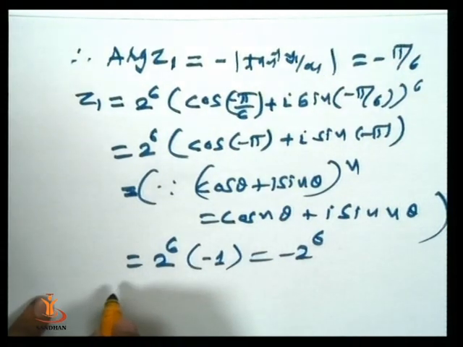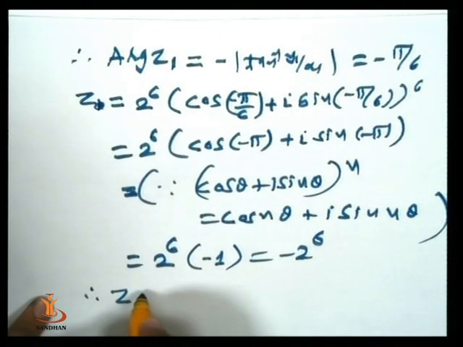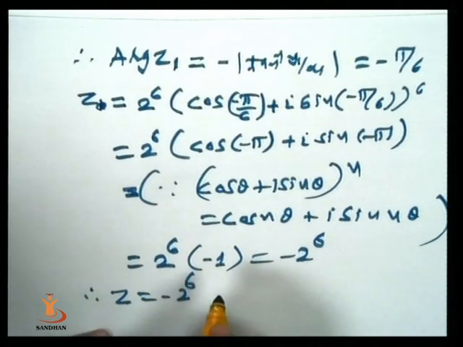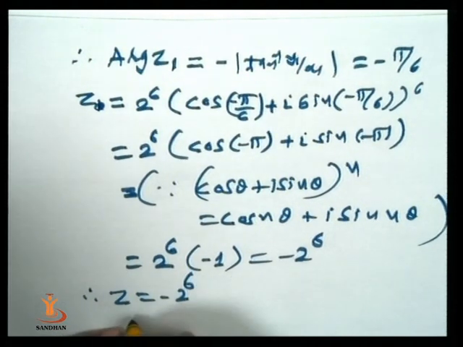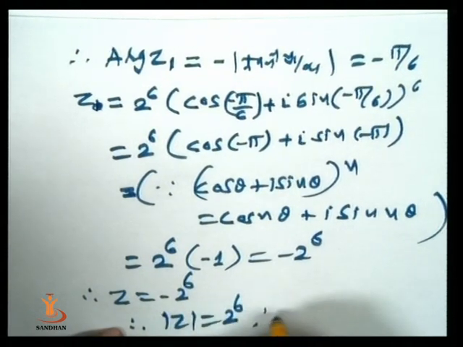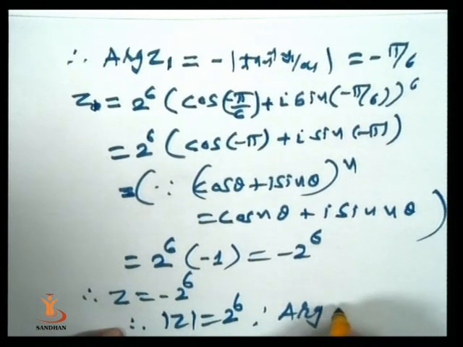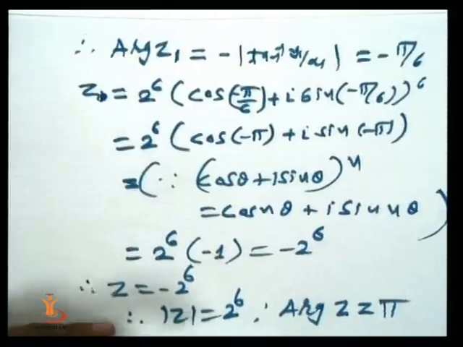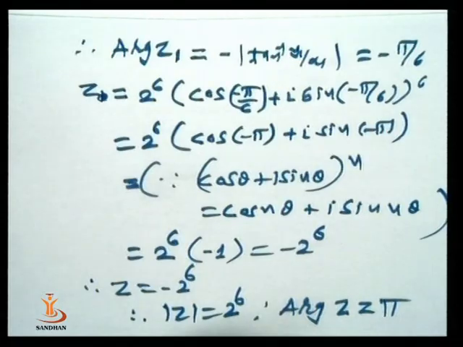So our main complex number z is equal to minus 2 raised to 6. Therefore the modulus of z is 2 raised to 6, and the principal argument, since it lies on the negative x-axis, is pi. So this is the thing.